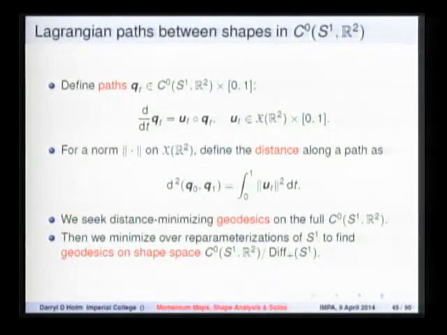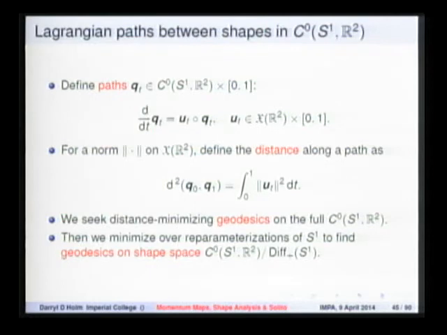So you define some norm, and the norm will pick out what you're interested in about the image, and that's up to your choice. Define some distance, and then try to find the distance minimizing geodesics when you go from the initial condition to another condition, the condition you're looking for.